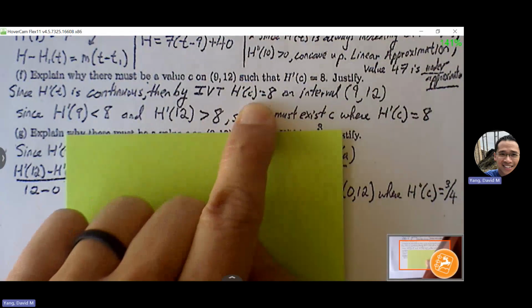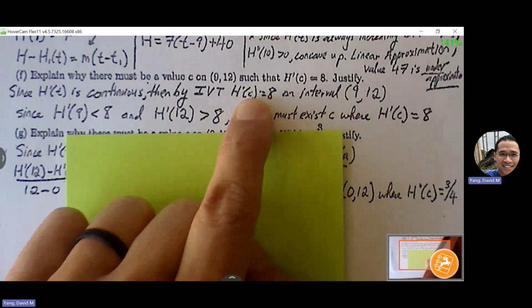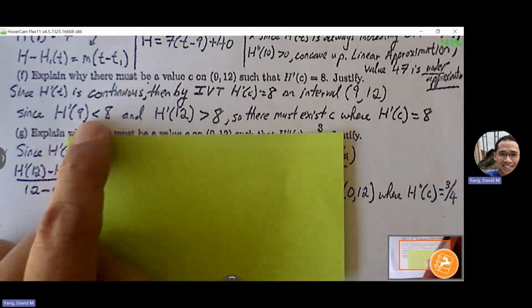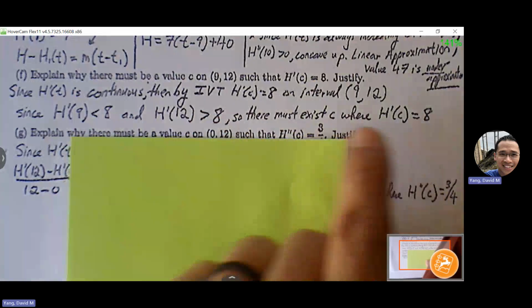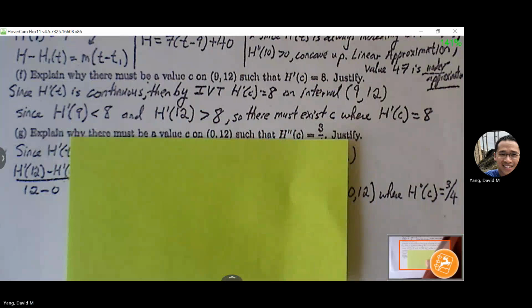So we can guarantee a rate of change of 8 because we started off with a rate of change below 8 and we ended up with a rate above 8. So there must be a rate of 8 somewhere between if we're starting at 7 and ending at 10. Technically, you don't have to reference IVT. You can just describe the conditions of IVT, and that will be enough to earn you full credit as well.